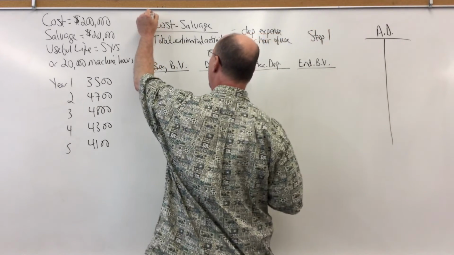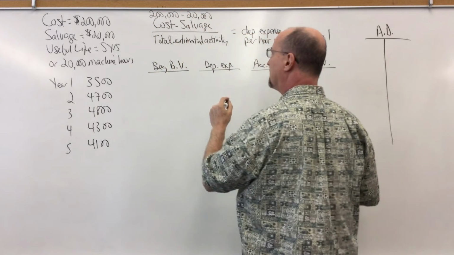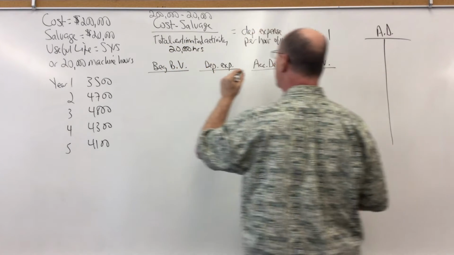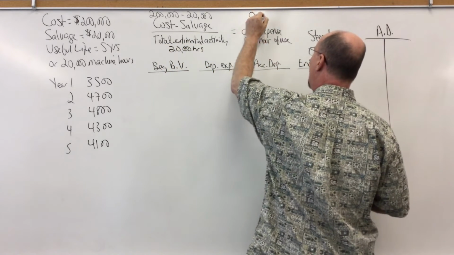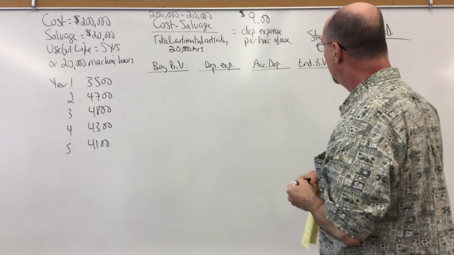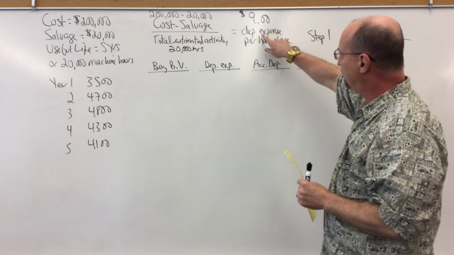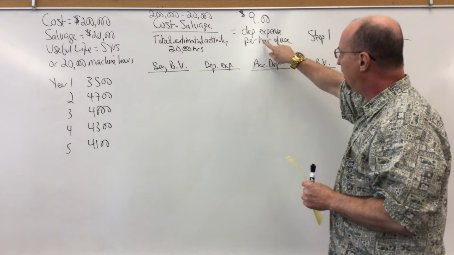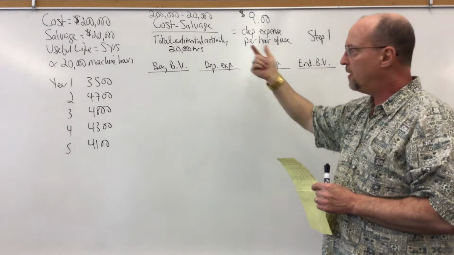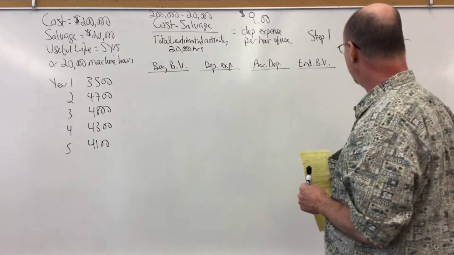Cost is $200,000 minus the salvage of $20,000 divided by 20,000 machine hours, and that's going to give us $9 of depreciation expense per machine hour. This is step one, calculating the depreciation expense per unit of activity, whether it's miles, units produced, hours, or whatever other measure a company chooses to use.